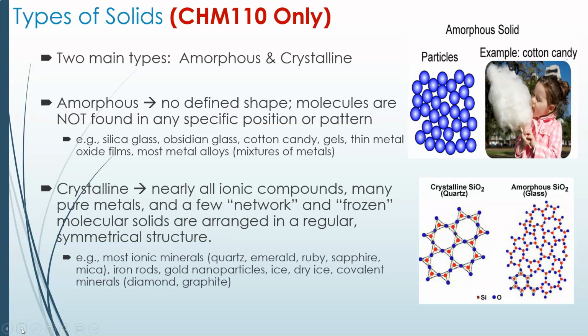And ice and dry ice, which is solid carbon dioxide, are two examples of that type. So most ionic compounds, most ionic minerals like ruby, quartz, sapphires, etc., as well as a lot of metals, as well as these frozen solids like ice and dry ice, and some of these covalent large network molecules like diamond and graphite.